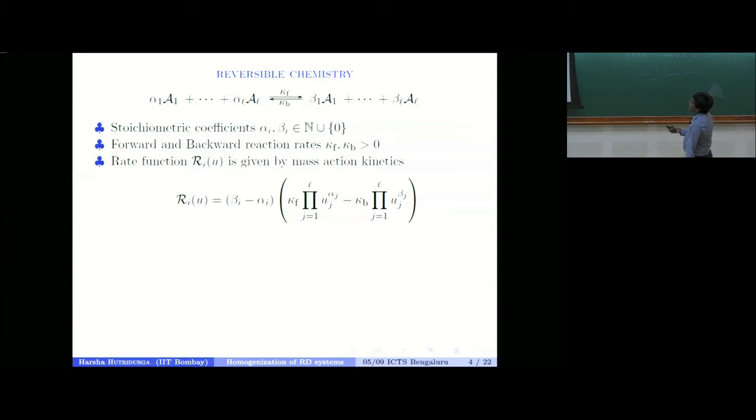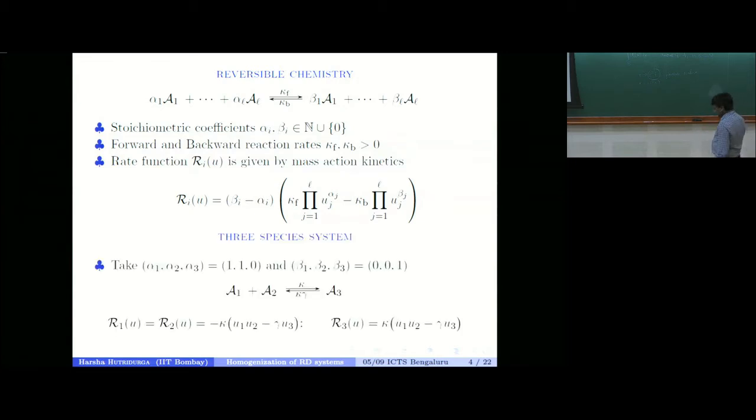It may look horrible because of the various alpha i's and beta i's, but this is the rate function. For now, just keep in mind that the Ri's are polynomials in the Ui's.